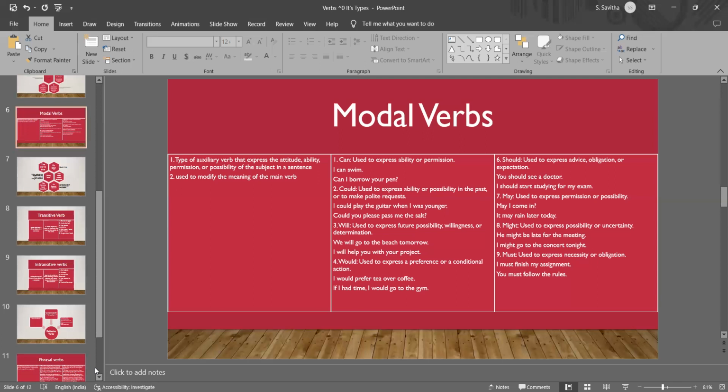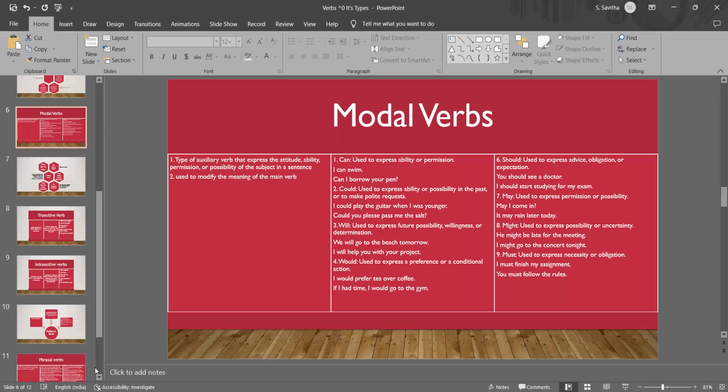So you should understand the meaning of each modal auxiliary verb. That's very, very important with the usage when you construct a sentence for writing or speaking. May is used to express permission or possibility. Might is used to express possibility or uncertainty.